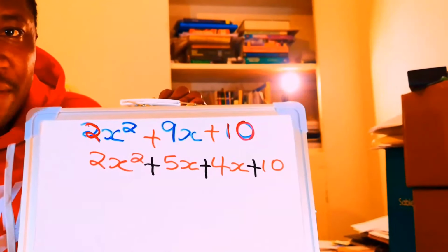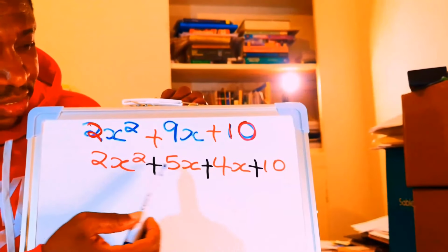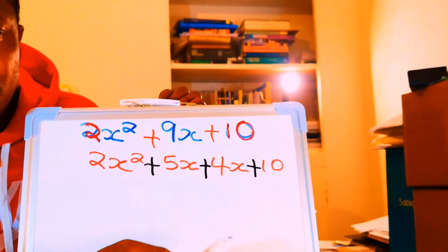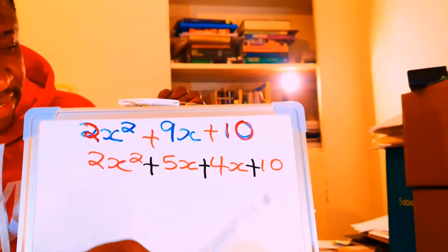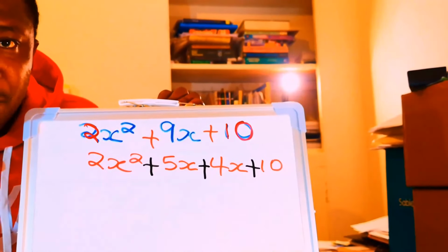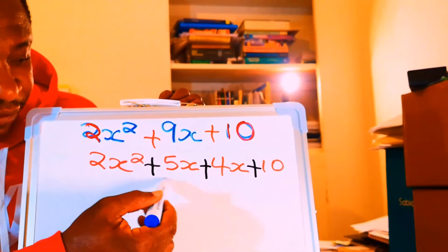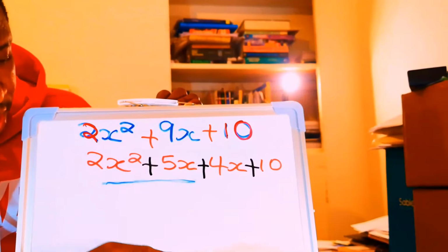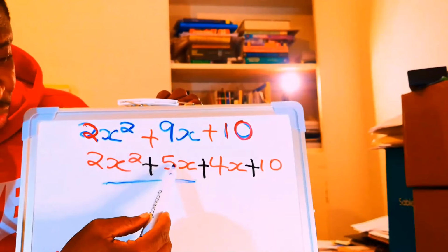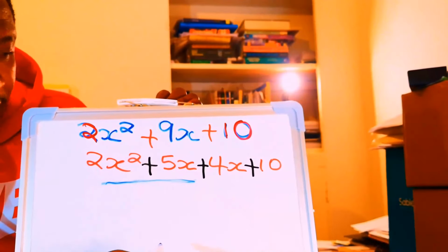Now we have 4 terms, 1, 2, 3, 4, which we actually extracted from the given expression. What we're going to do is to consider the first 2 terms. Now, what is common in these first 2 terms is x.